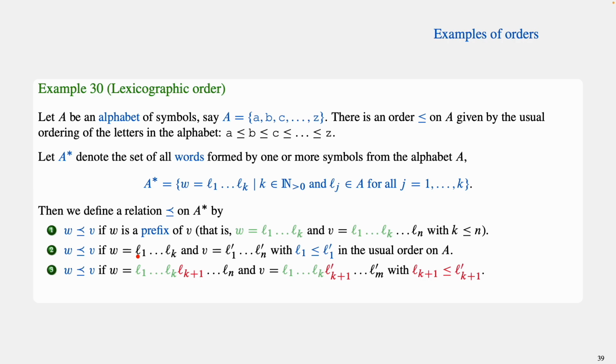If W is not a prefix of V, then we compare the first letter, and if the first letter of W comes before the first letter of V, then we say W is less or equal V.